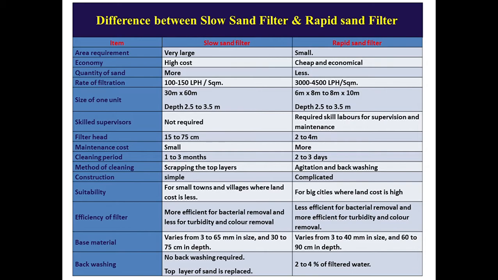Backwashing. For slow sand filter, no need of backwashing, but top layer of the sand is replaced periodically. Whereas in rapid sand filter, 2 to 4% of filtered water is required for the backwashing.